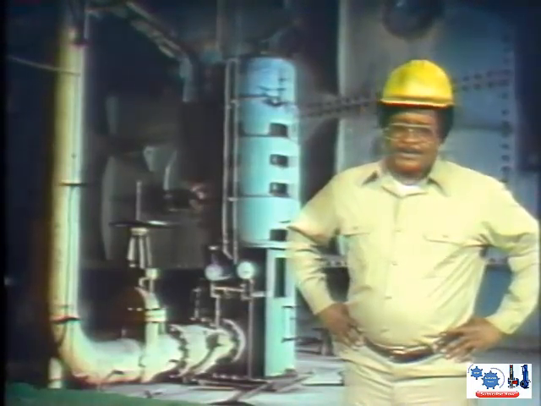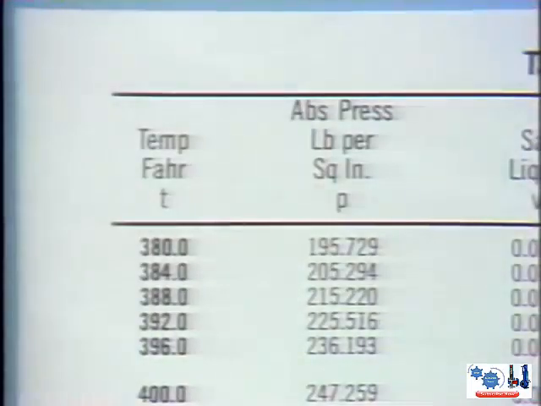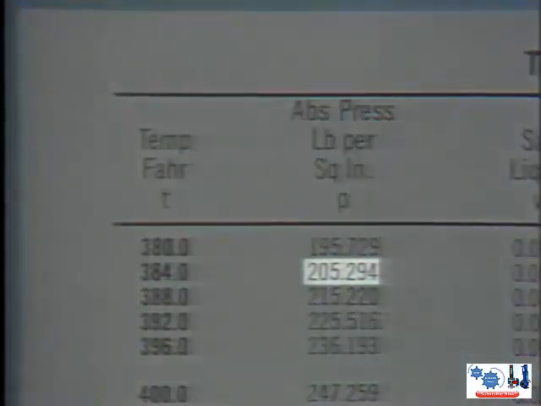Again, we'll calculate this using Table 1. If we go down the absolute pressure column until we find the pressure at the outlet of the condensate pump, 205 psia, we can find the saturation temperature for water at the indicated pressure. Now, we don't find exactly 205 psia in this column, but do find a close approximation, 205.294 psia. Since all we need is an approximate value, 205.294 psia is close enough for our purposes.